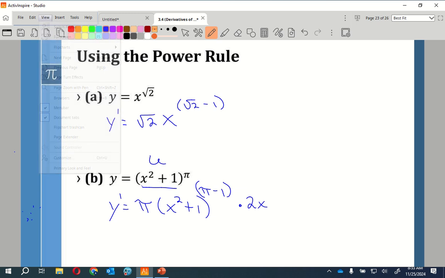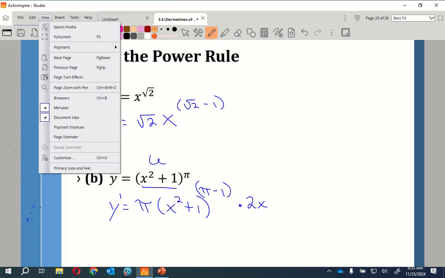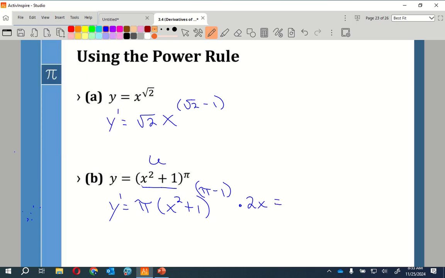And you said I'm missing 2 pi? Oh, okay, yeah. So put it all together. I like having my numbers out front, so it's going to be 2 pi x times the quantity of x squared plus 1 raised to the pi minus 1.